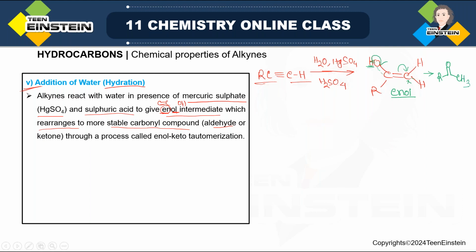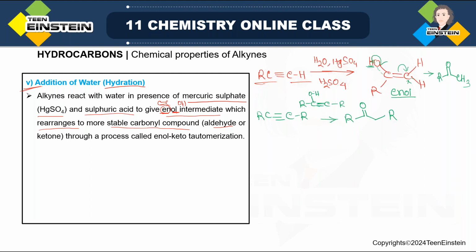Now some more examples we can get if we take other types of substituents. If both sides have an R group, what will happen? We get RCOCH2R. First there will be formation of enol, like this, CH(OH)=CR.